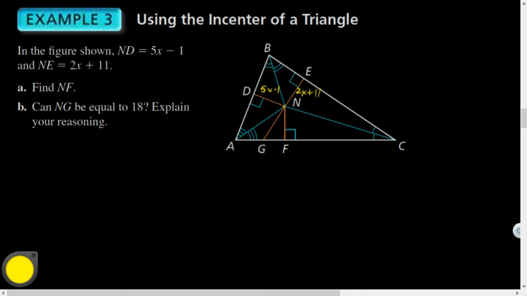Therefore, this incenter is going to be equidistant from the sides, and all of these smaller segments are congruent to one another. If they're congruent, then by definition of congruence, their measures are equal. Therefore, 5x minus 1 is equal to 2x plus 11.